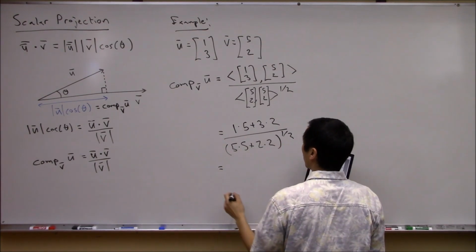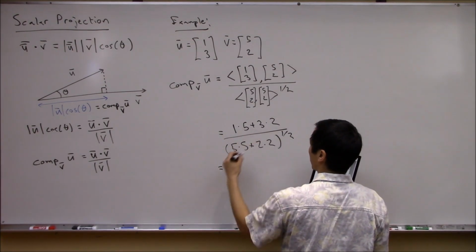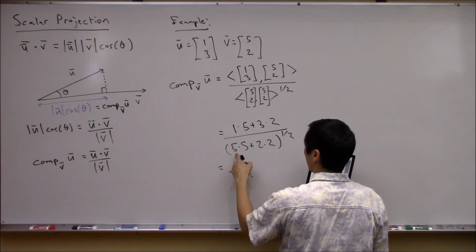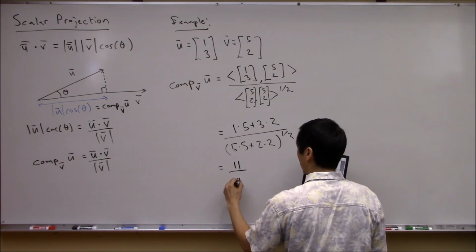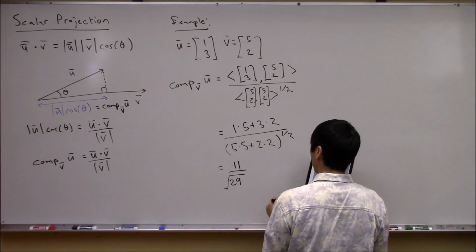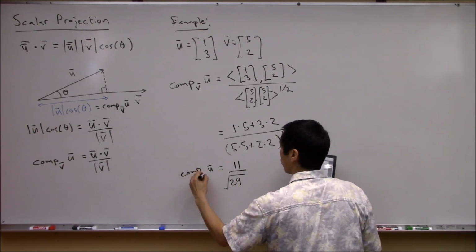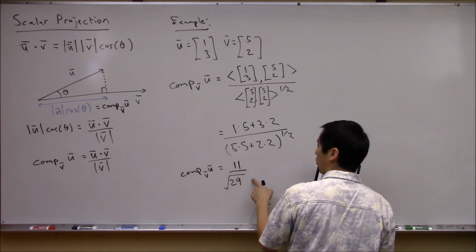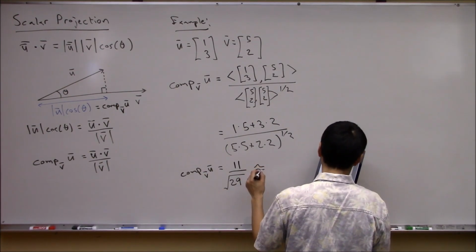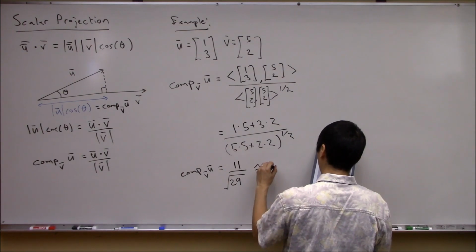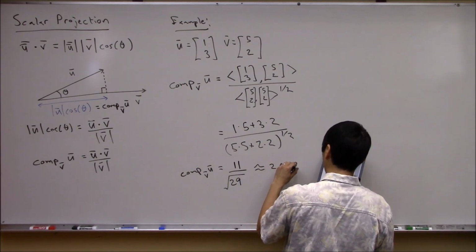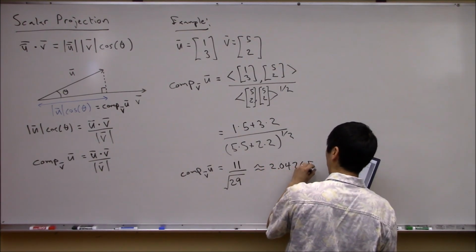So we end up with 5 plus 6, so 11 on the top, and 25 plus 4, so 29, but I have to take the square root. Here's the component of u onto v: 11 over root 29, which in numerical form is about 2.04265 or something like that.